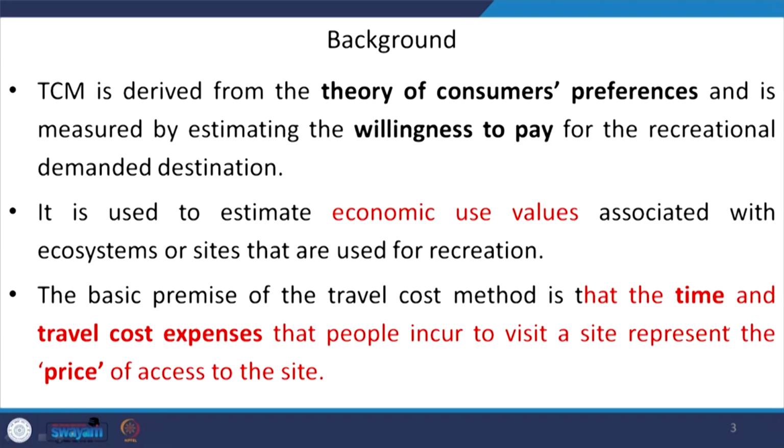And again, the very premise of the travel cost method is that we need to take into account the value of the time and the travel cost expenses. And the value of the time and travel cost expenses are the proxies for the price to access a particular recreational site.